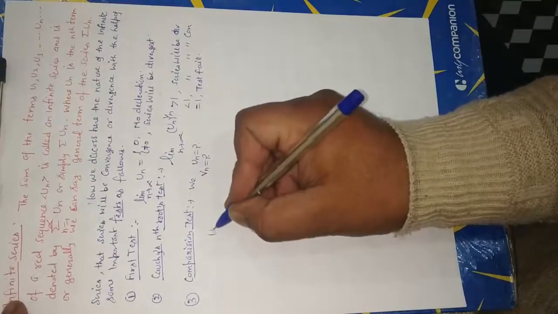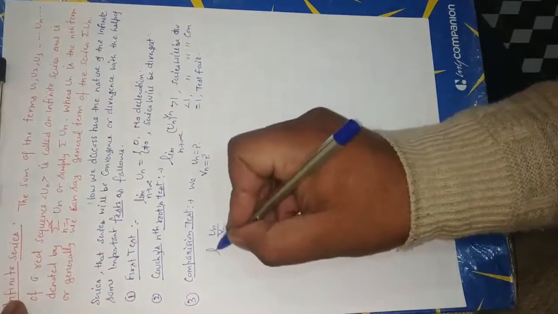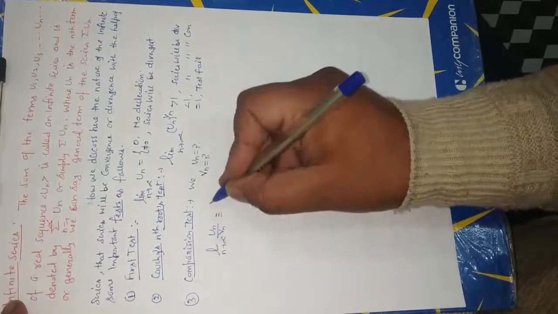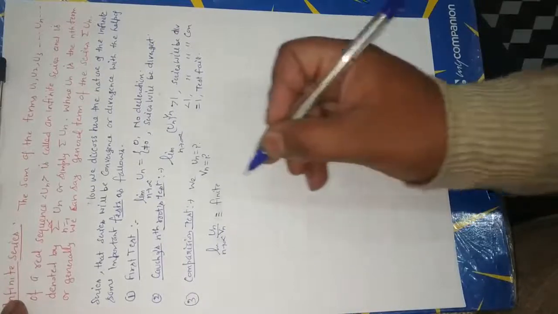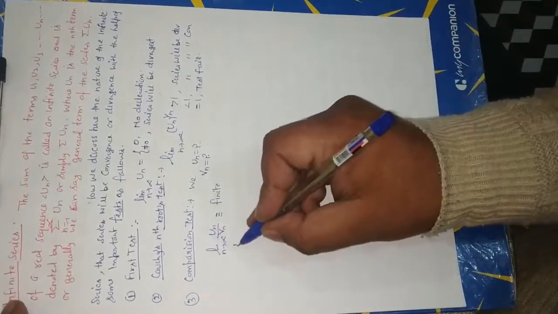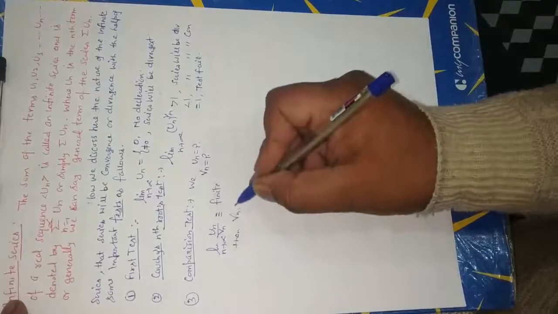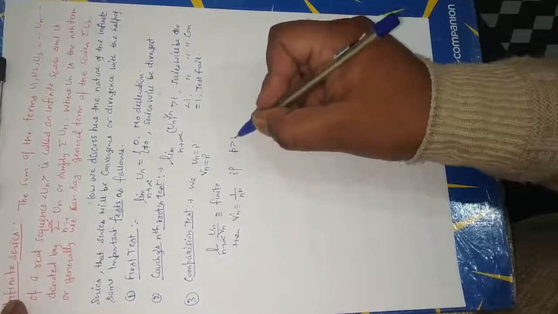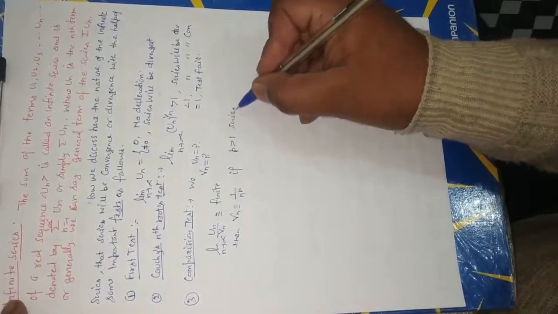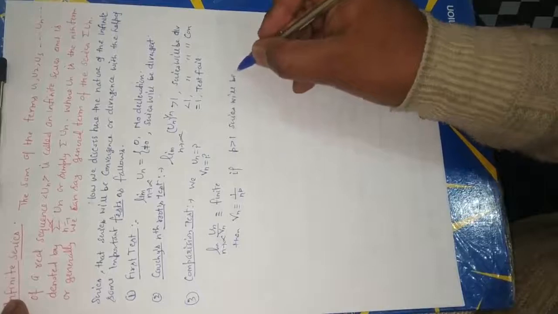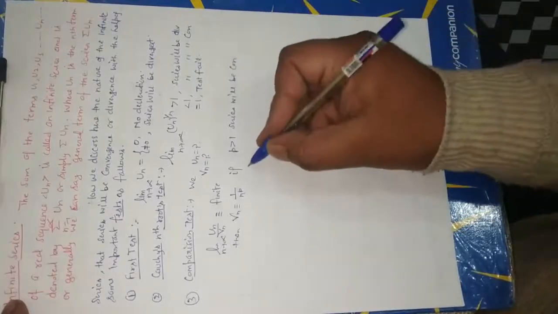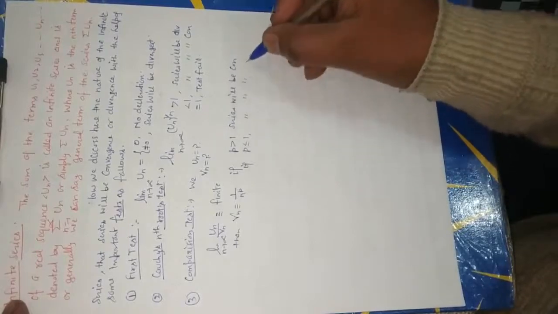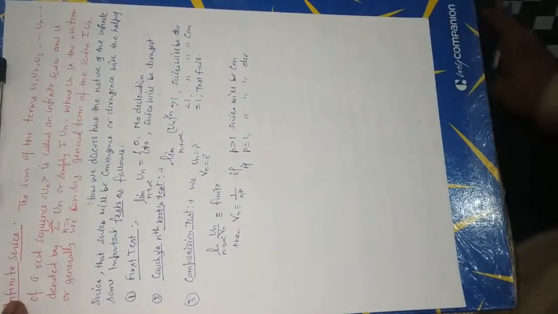Now, un divided by vn, taking the limit n tending to infinity, always gives a finite number, then vn is compared with 1 upon n to the power p. If p is greater than 1, the series will be convergent. If p is less than or equal to 1, the series will be divergent. In this case, the test does not fail.